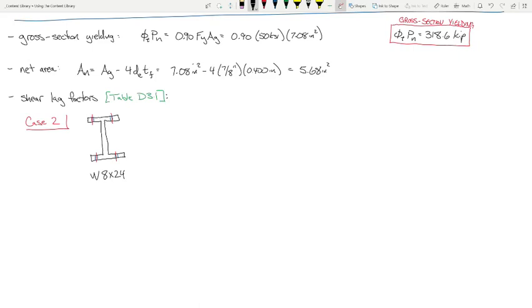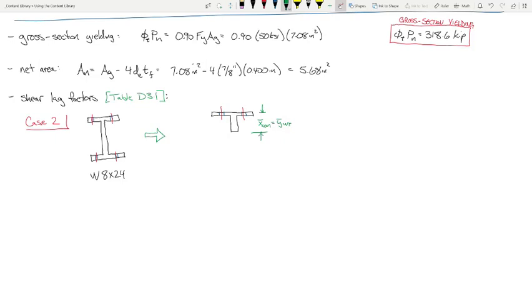So what we need to do is convert that to an equivalent WT, and we need to look up the Y bar for that. So X bar sub CON is the Y bar for the WT.